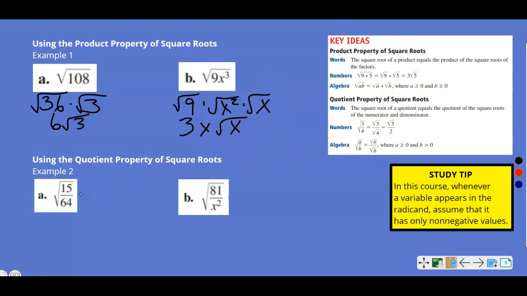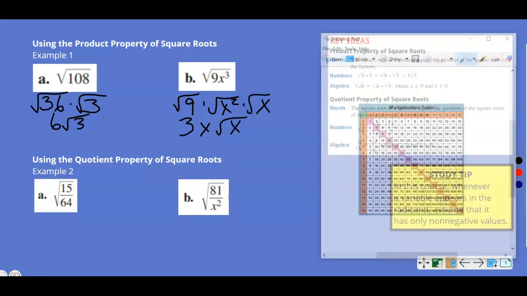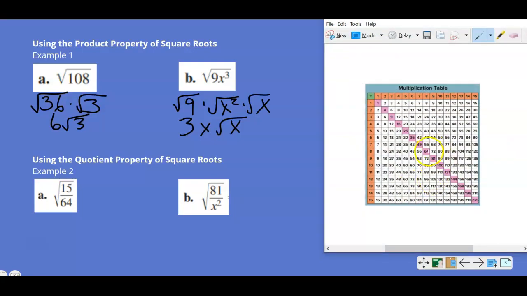All right, using the quotient property, we're going to look at something very similar. We want to see if we can find perfect squares there. The square root of 15 is 3 times 5. Neither is a perfect square, and 15 is not a perfect square. But what about 64? If you need to look at the chart again, is 64 a perfect square?